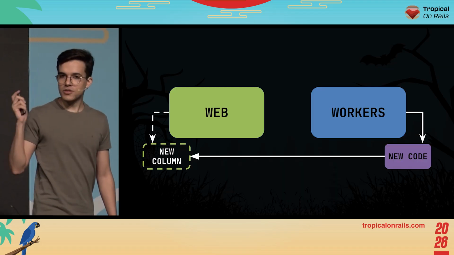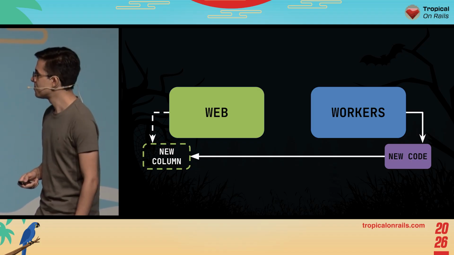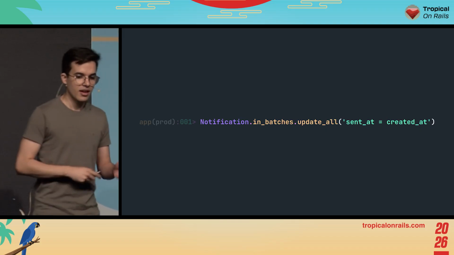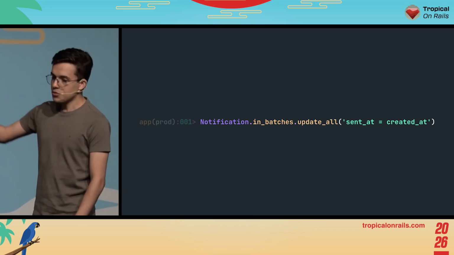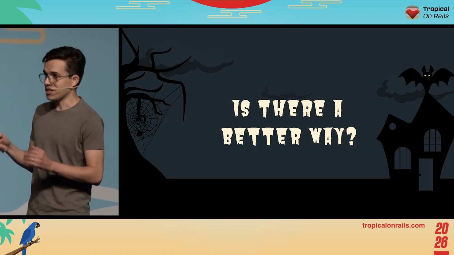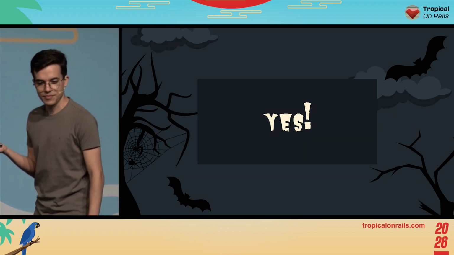So every time a job tries to reference that column that doesn't exist, it breaks. So you have to figure this out during the morning, a lot of coffee, you rush to the console to fix this, you run the data migration manually, and you think that there should be a better way to do this, and of course the answer is yes.